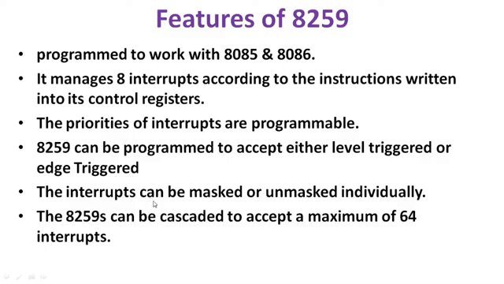Then the interrupts can be masked or unmasked individually. So here we can enable or disable the individual interrupts. Masking means disable and unmasking means enable. Then the 8259s can be cascaded to accept a maximum of 64 interrupts. So we have seen it is possible using cascade lines.